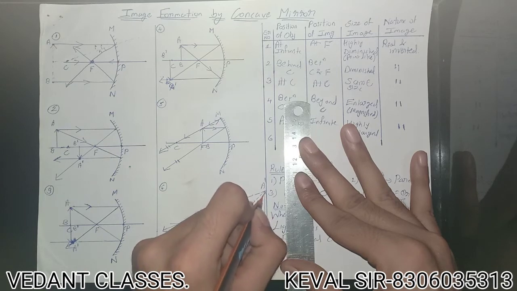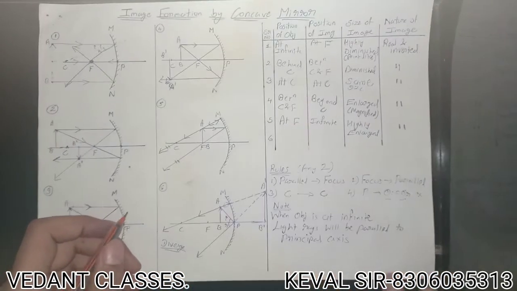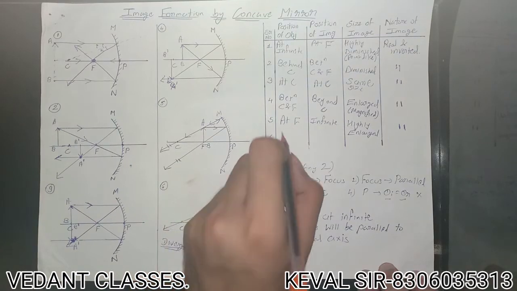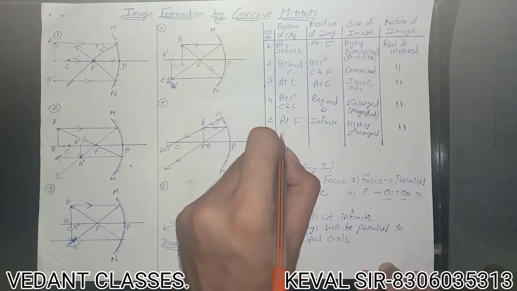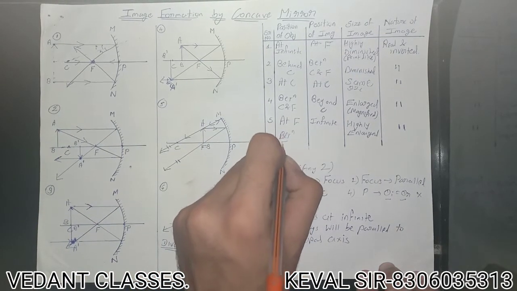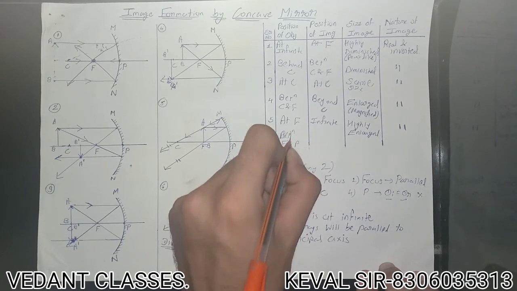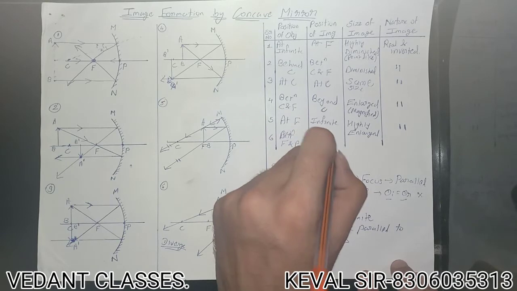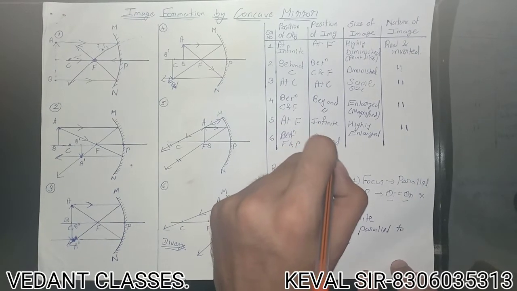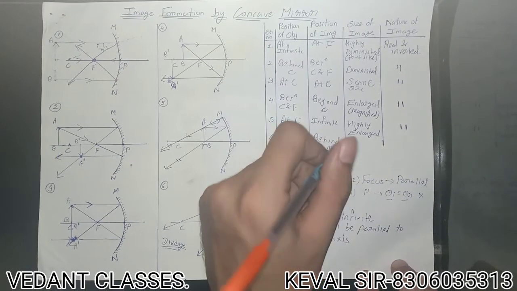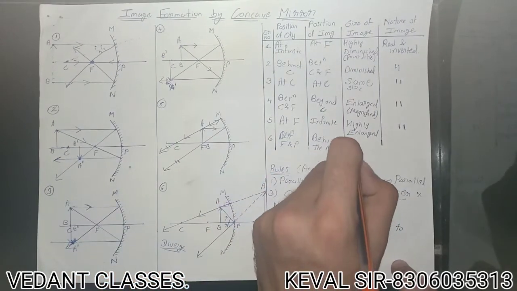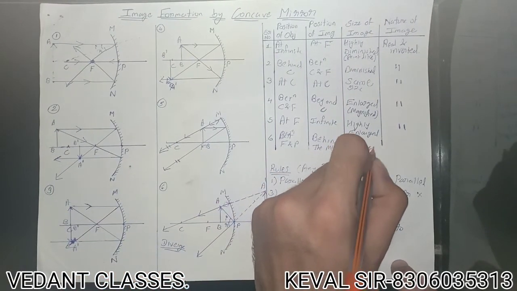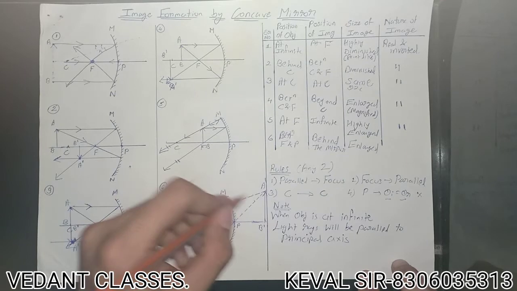So in this case you will get an upright image. Okay, and here you have placed an object between F and P. Okay, and the position of the image is behind the mirror. The size of the image, you can see, is enlarged, and the rays are extended to meet.